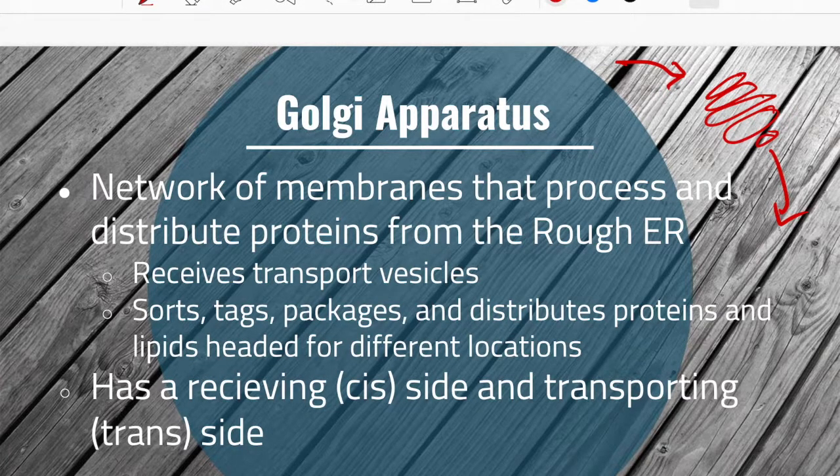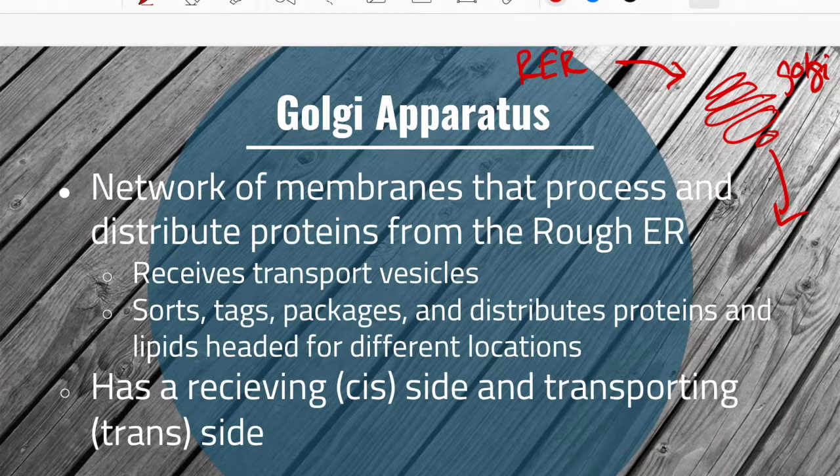So it receives material from the rough endoplasmic reticulum. We get to the Golgi. It messes with it. It sorts it into different vesicles. It tags it with carbohydrates. It packages it, and then it distributes it to different locations.